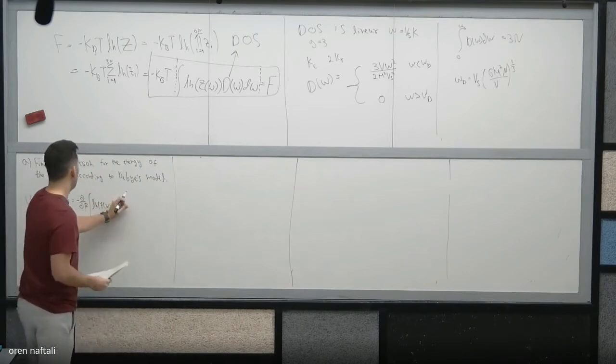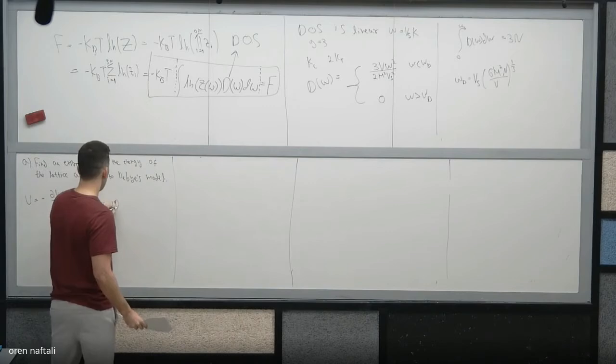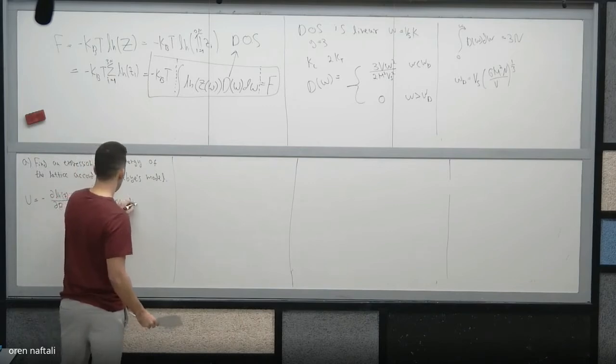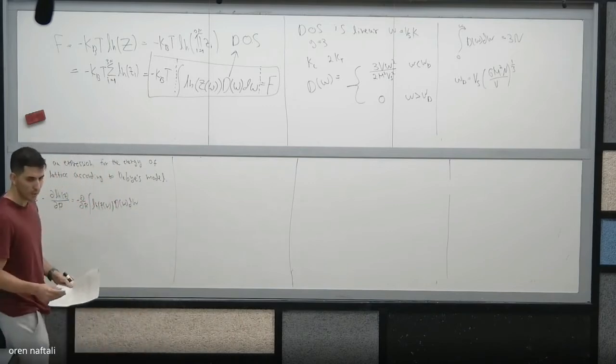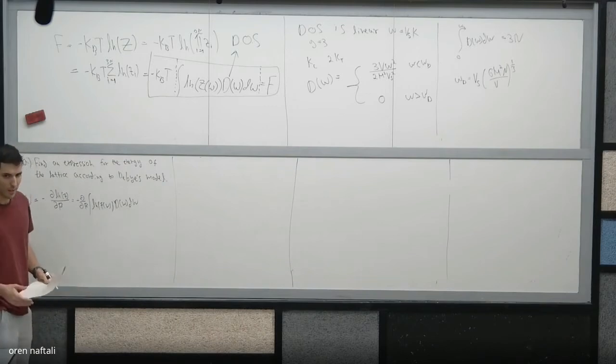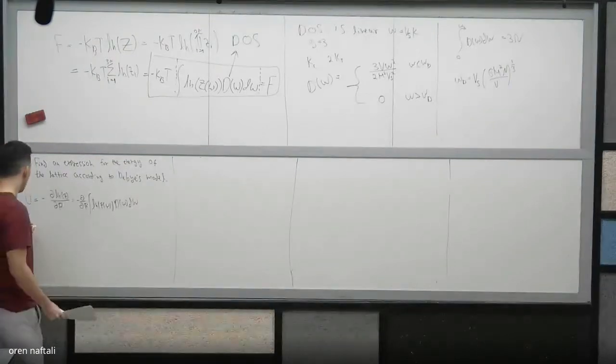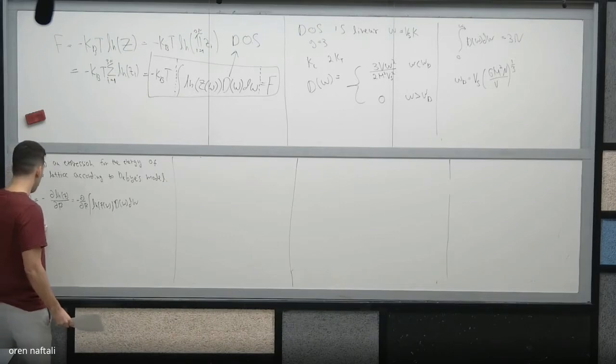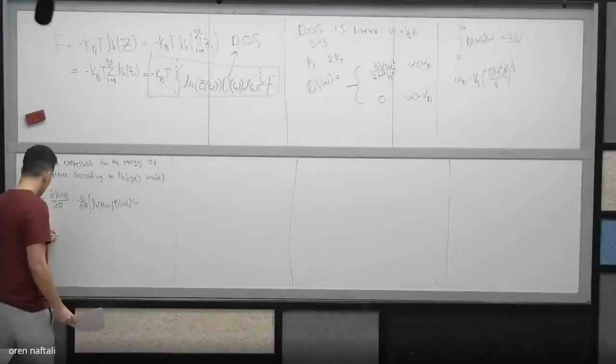Now, everything is continuous, and whatever you need to justify it, and then I will just write it like this.